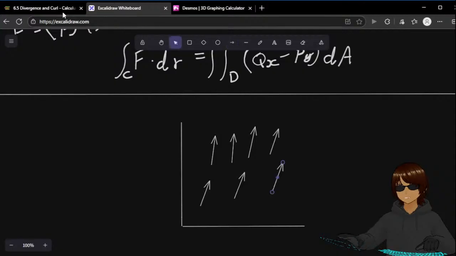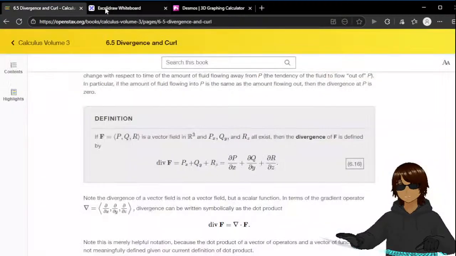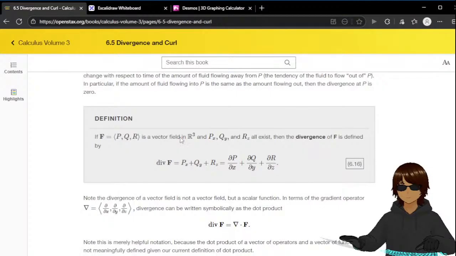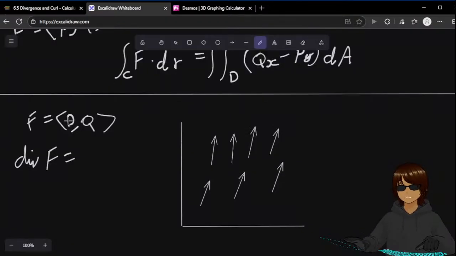This vector field is P, Q. So what they're saying is that the divergence of F is equal to the derivative of the x component with respect to x plus the derivative of the y component with respect to y.